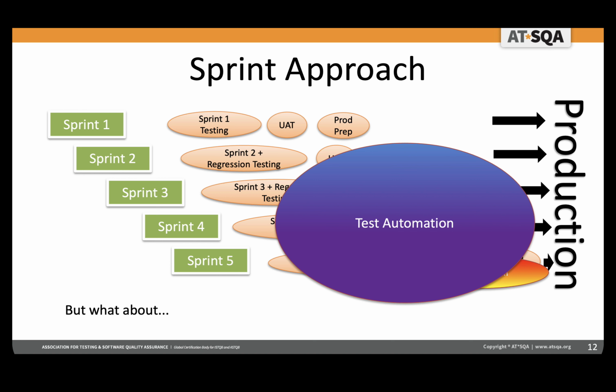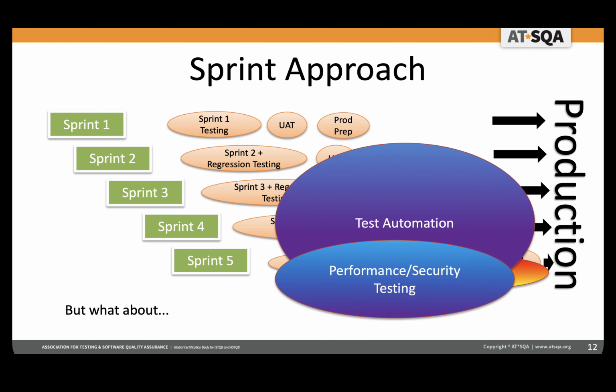Oh no, but what about test automation? We didn't have time to do that because we were frantically trying to do the regression testing. We didn't have time to automate it, so we had to do it by hand, which meant we just didn't get any gain as we went along. Oh, that's a problem. Oh, and performance and security testing. Again, maybe we could do some of that in the sprint, but in truth, a lot of performance testing and security testing requires a lot of the software to be together.